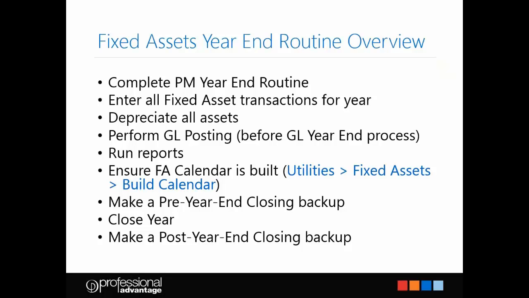So this is the difference between the fixed asset module and all the other sub-modules in Great Plains. I just stress that again: fixed asset module year-end close must be performed before we start future year process in the fixed asset module.